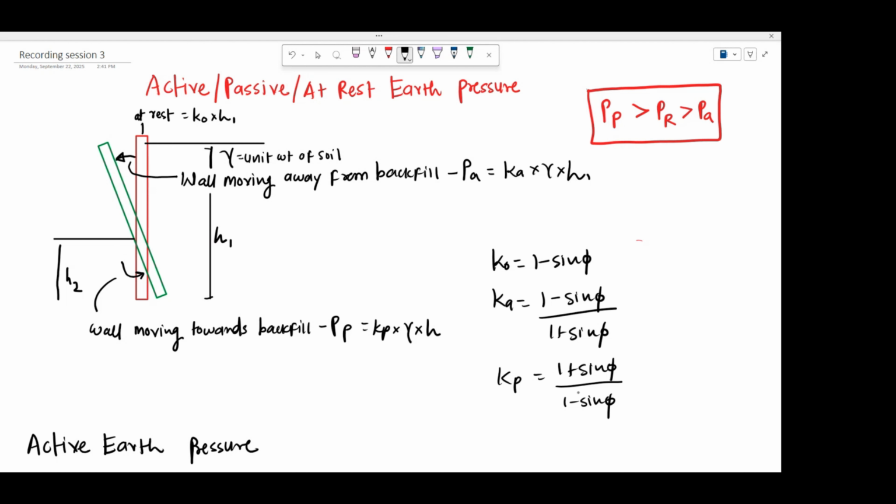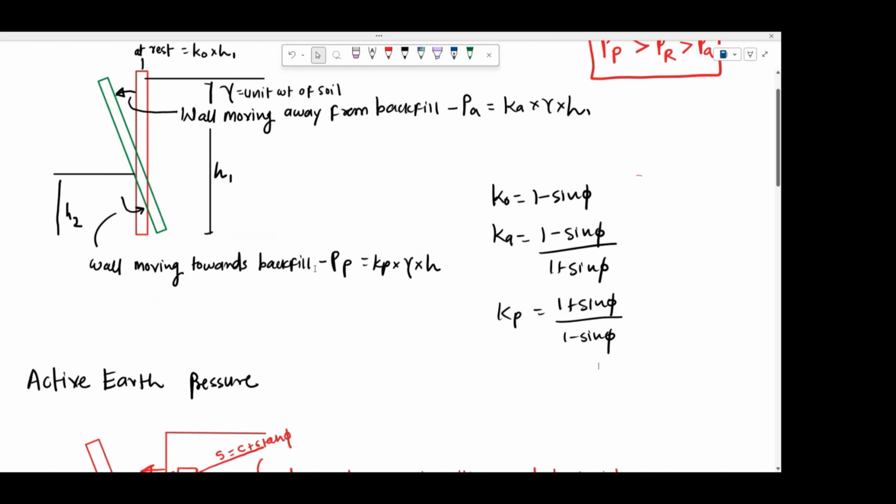You can also compare with respect to the signs: minus is on the top for Ka and plus is on the top for Kp, so Kp is more than Ka. These are the general concepts which are taught to students in the university. But let's deep dive into the concept now.